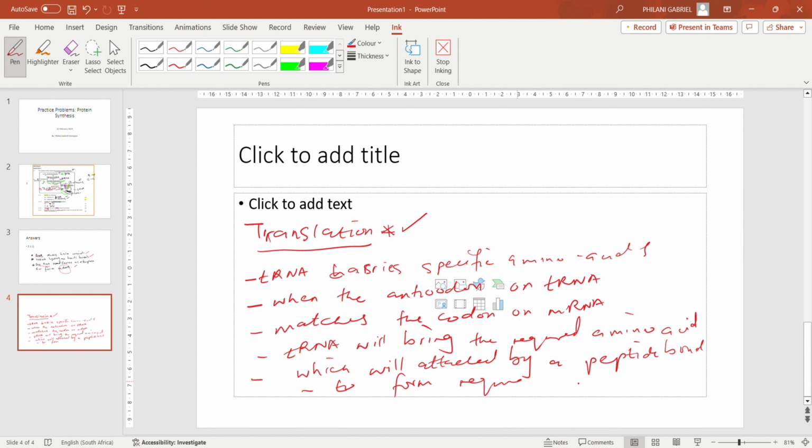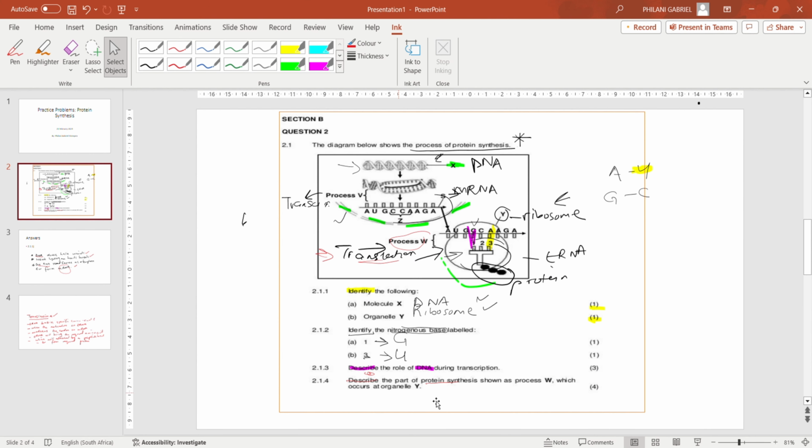So in this case, you have described translation, but in the question they did not tell you what it is. They did not tell you to actually describe translation. They just said the part of protein synthesis. So when they hide what you have to describe, first start by writing translation, as I've written here.